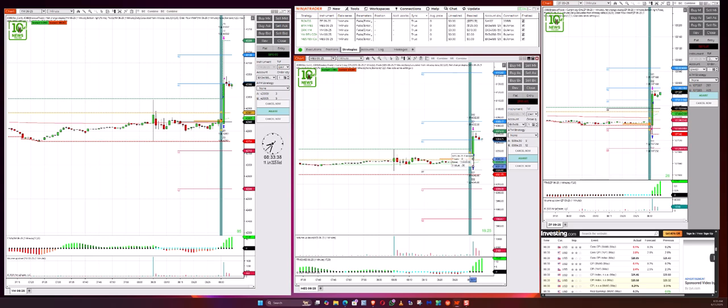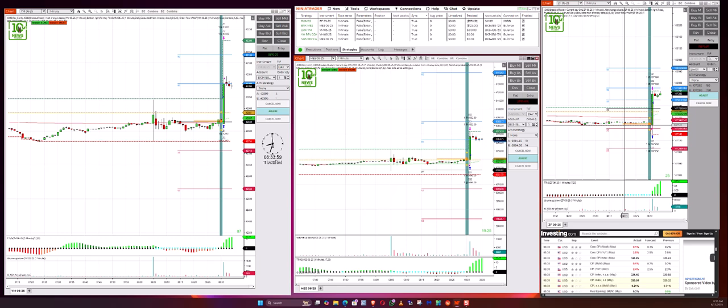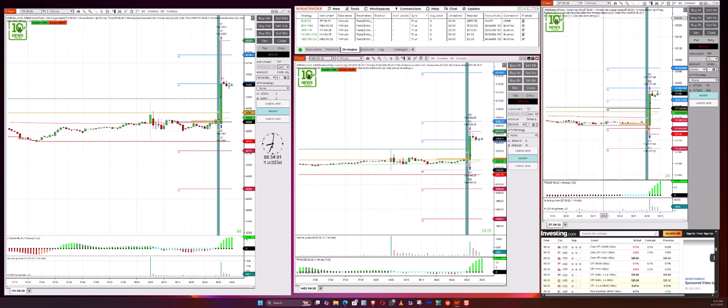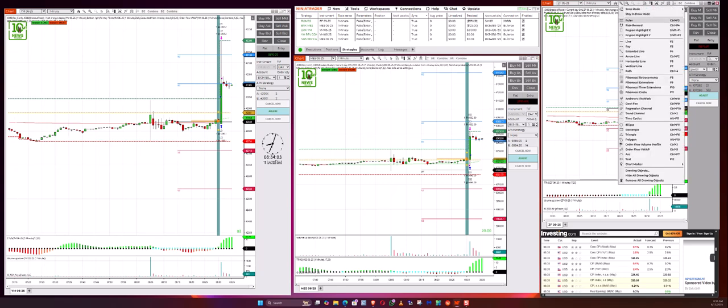I haven't looked at MNQ, so I don't know about MNQ. Bonds looks about 14, 13 possibly.